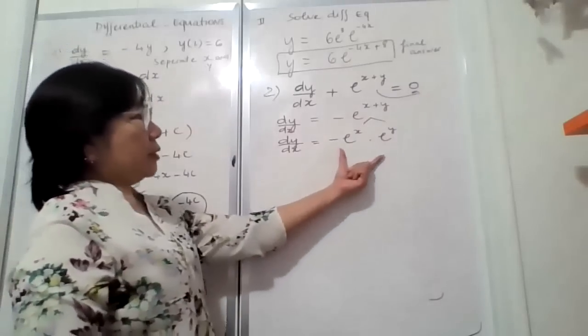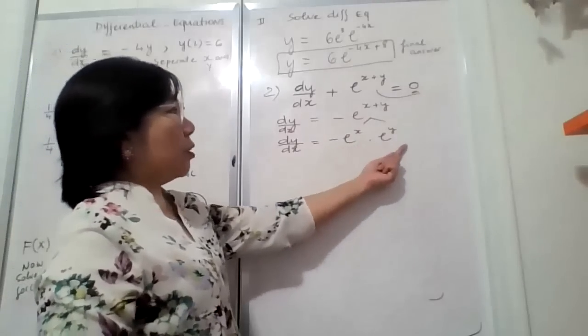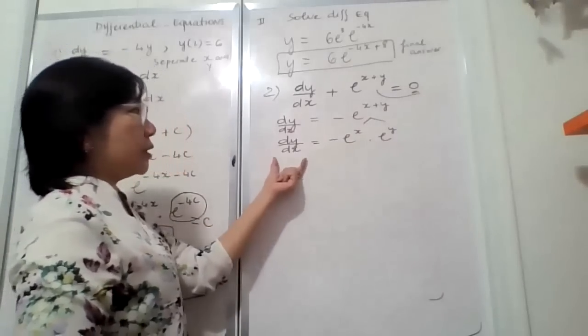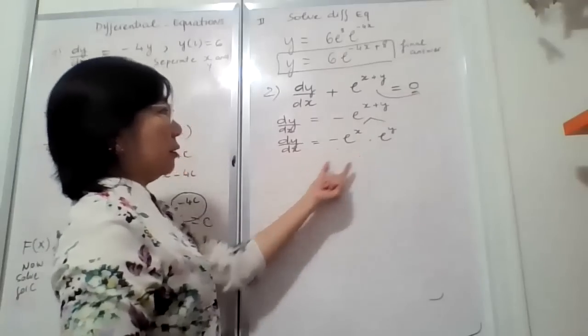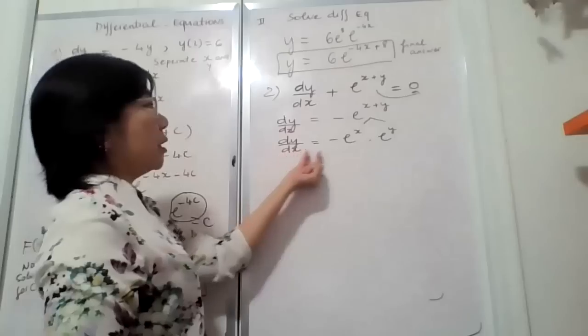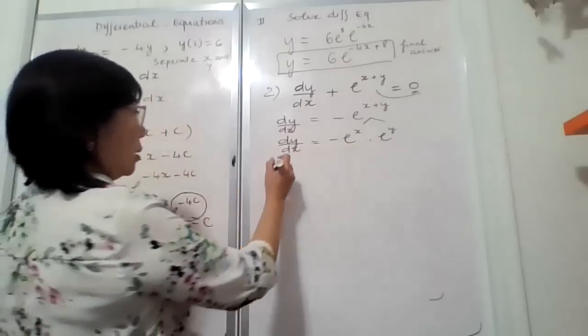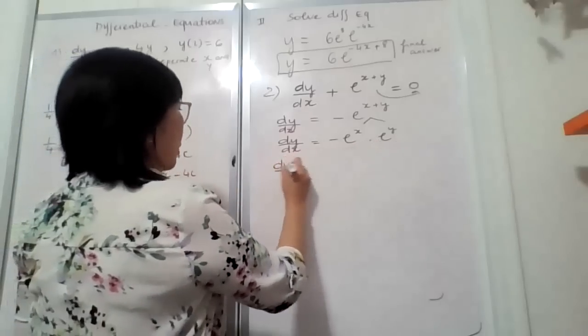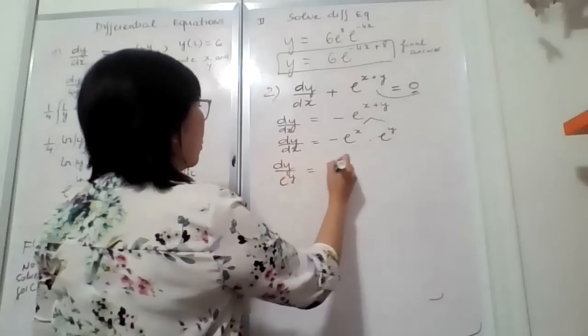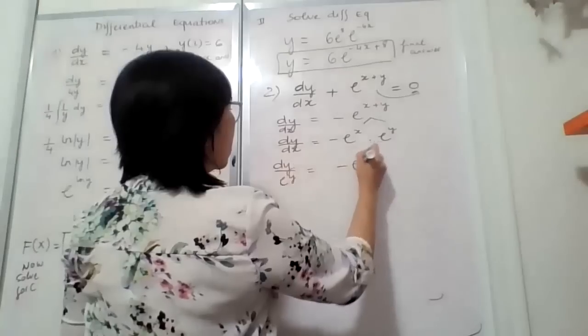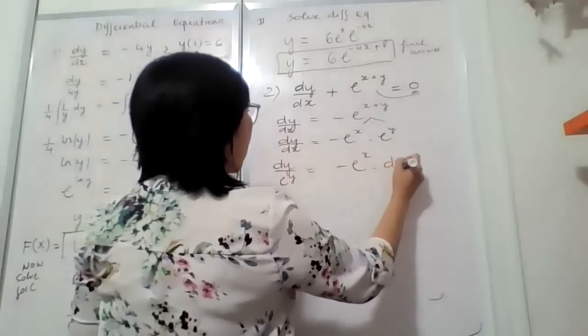Now, why do I do it like this? Because I want to bring all the y together with the y and separate the x with the x together, right? So we're going to kick the dx up here. We'll bring the e to the y down here, okay? So dy divided by e to the y will be equal to minus e to the x multiplied with dx.